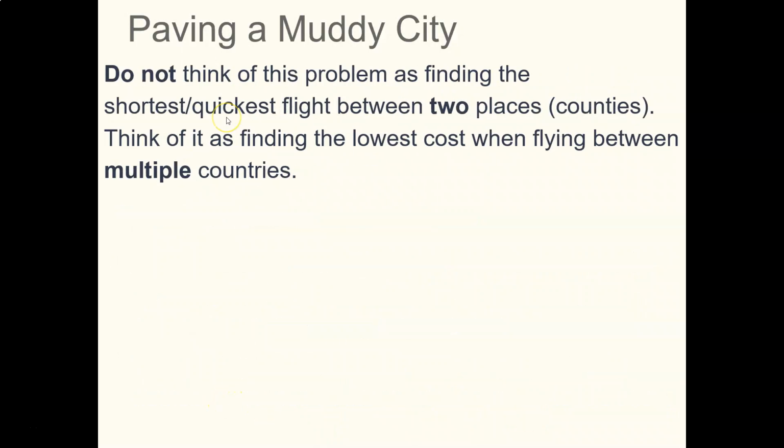So remember that this is not finding the shortest or quickest flight between two places, because that problem has another solution. Rather, think of it as finding the lowest cost when flying between two countries.